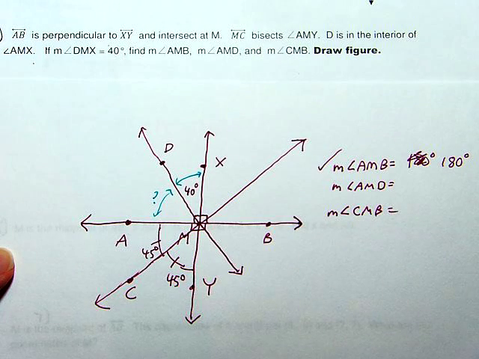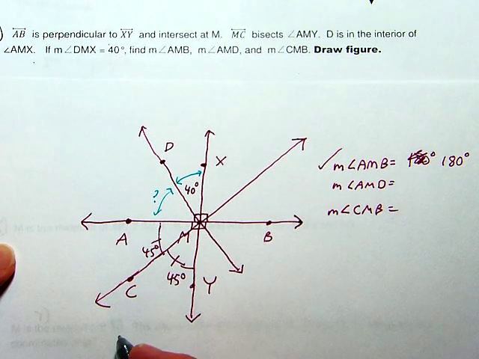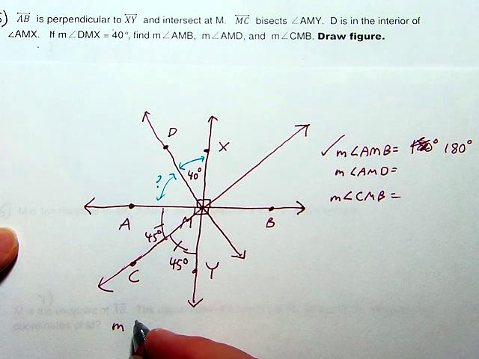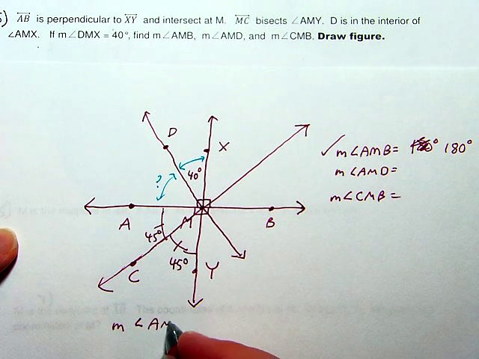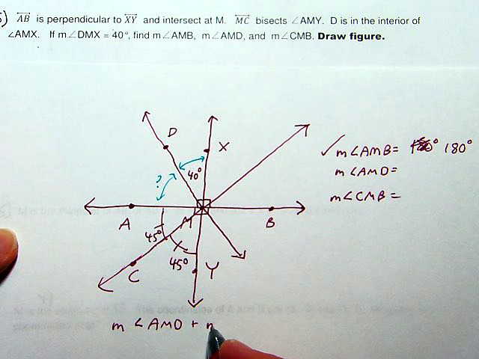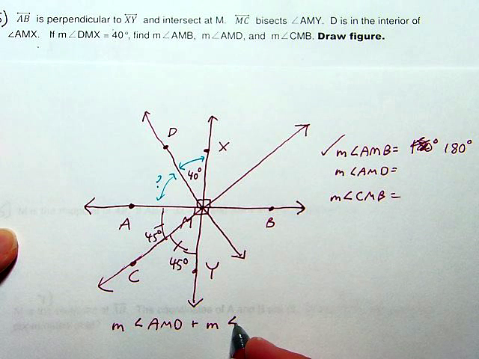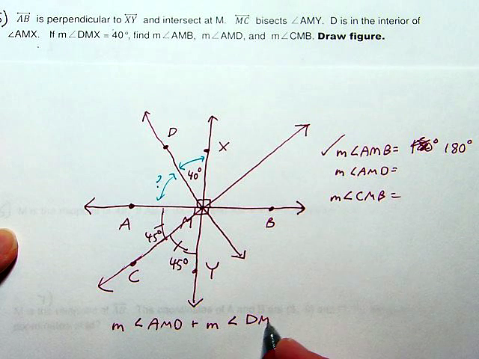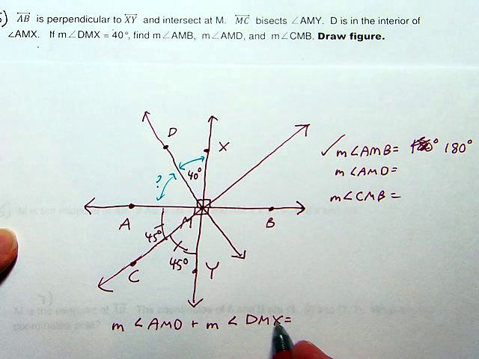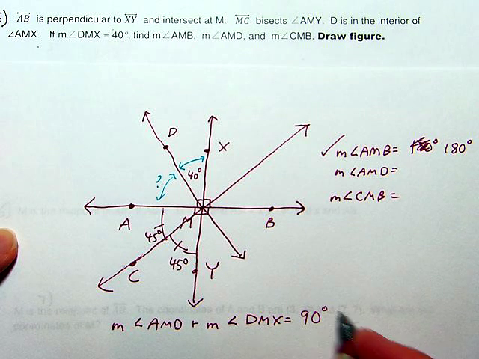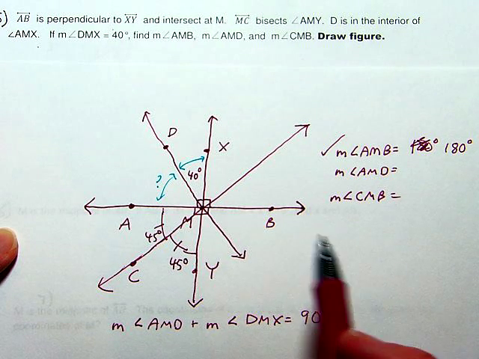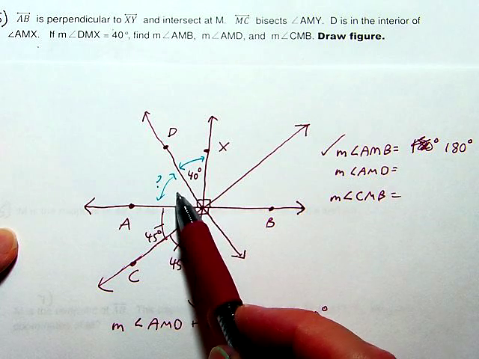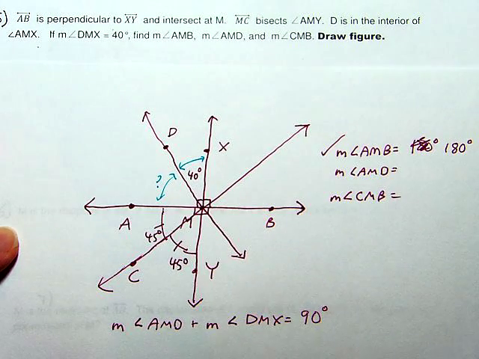So we've got the equation: the measure of angle AMD plus the measure of angle DMX is equal to a right angle, which is 90 degrees. That's another way of saying that these two angles are complementary angles, right? They add up to 90 degrees.